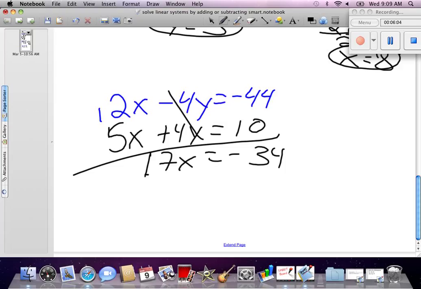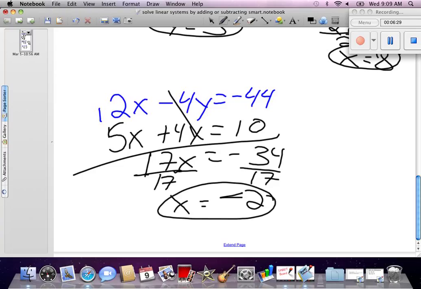Jalen, what do I do now? What do I do to get x by itself? Okay. And what does x give me now? Negative 34 divided by 17 gives me, not 2, but? Negative 2, thank you. Safaria, what am I going to do now?